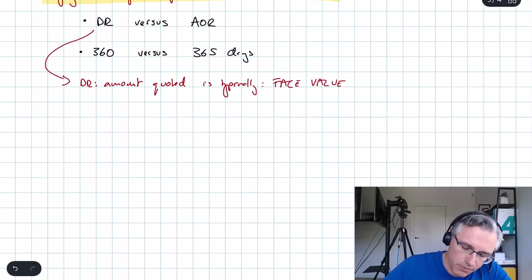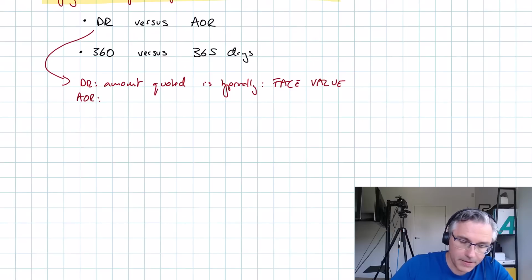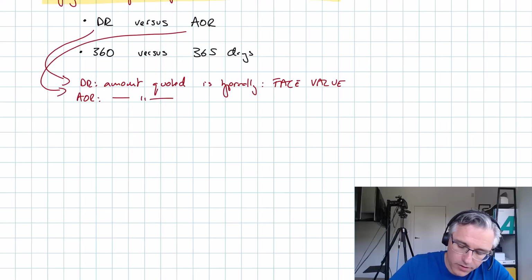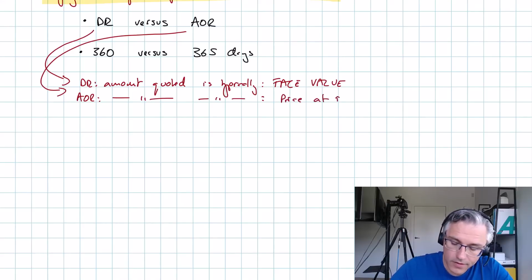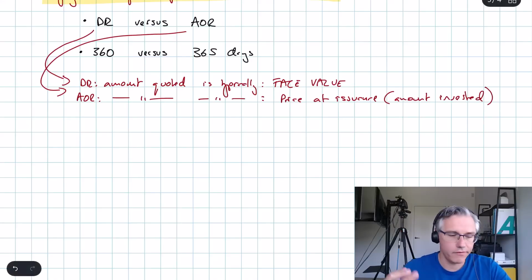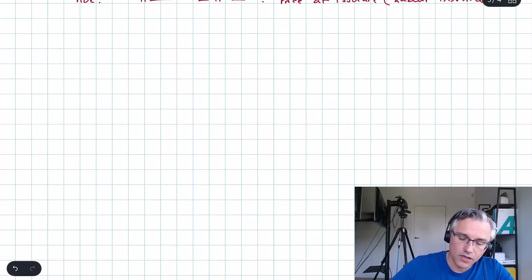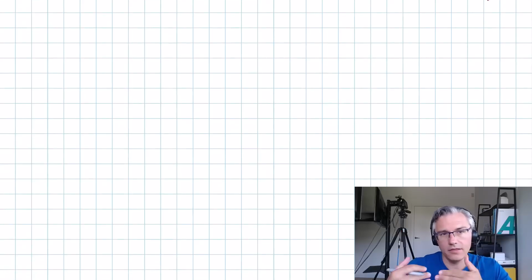Whereas with AOR based computations, you'll typically have the amount quoted being the amount invested, the price at issuance. So amount invested, which leads to a lot of problems when trying to make comparisons because everything is done on a different basis. So let me give you the recommended approach if you need to make a comparison.